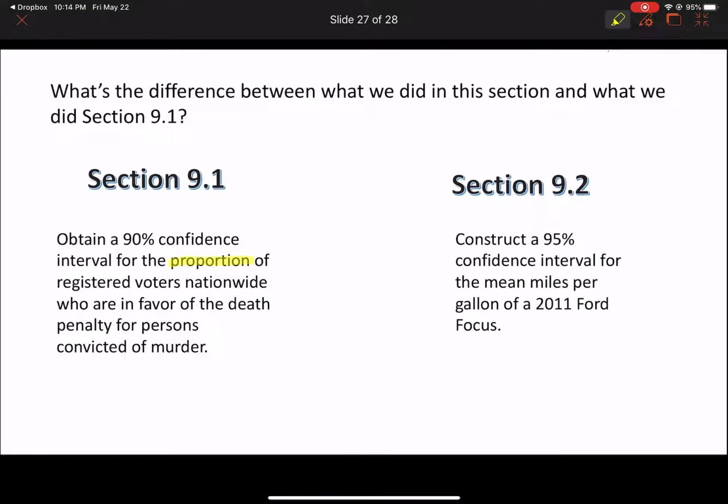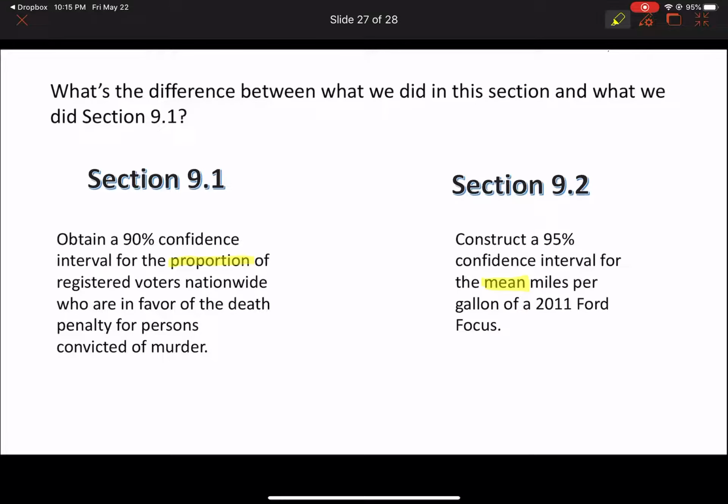The word proportion is important here. In section 9.2, we constructed a 95% confidence interval for the mean miles per gallon of a 2011 Ford Focus. So we use the methods in 9.1 if we're looking at proportions, and 9.2 if we're looking at means.